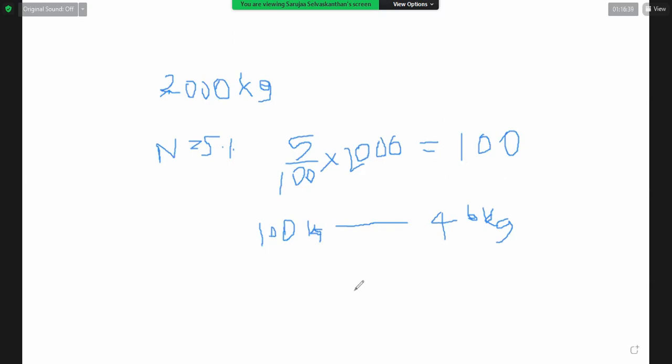Then how much urea is needed to get 100 kilogram of nitrogen? You multiply by 100. Write in your notes: 100 over 46 into 100 again.